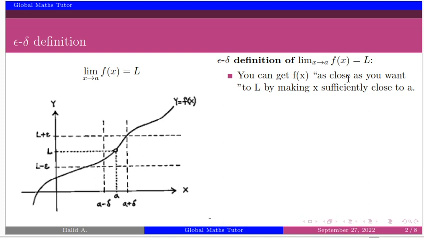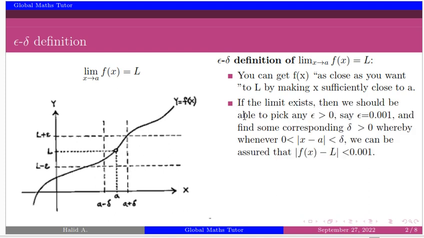When we say as close as, we are talking about distance, so we can express it using absolute values. Thus the closeness of f of x to L can be measured using some variable, in our case epsilon, and the distance of x from a is measured by delta. Using epsilon and delta we can define our limits.